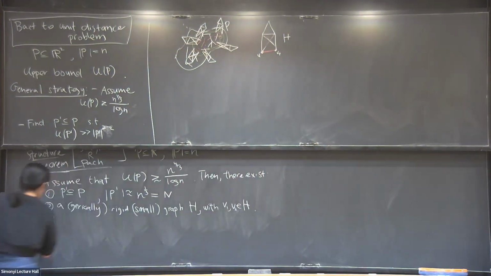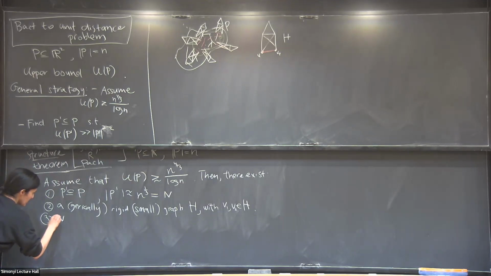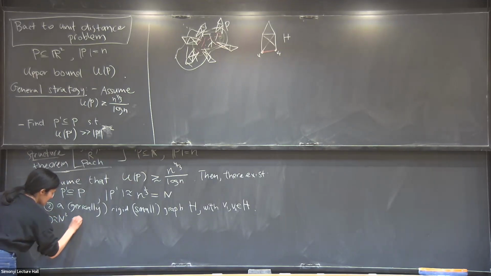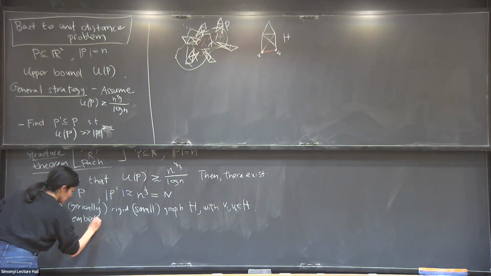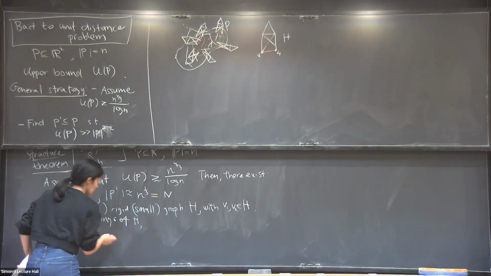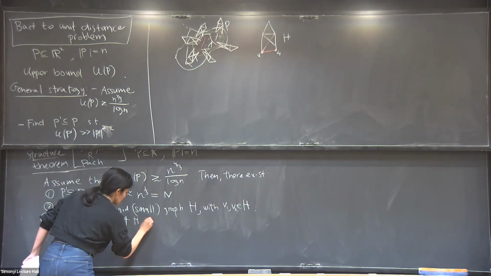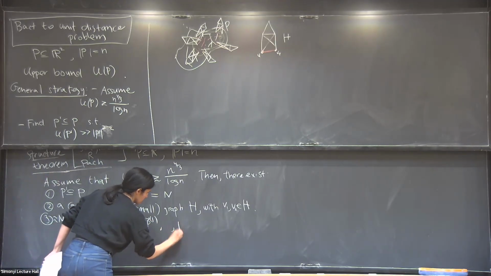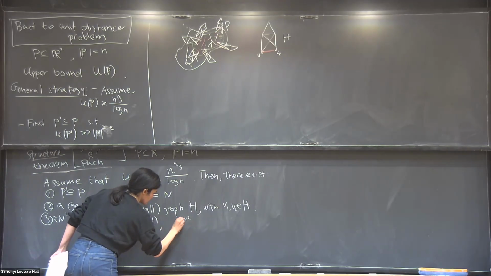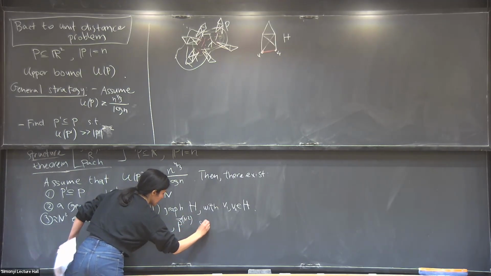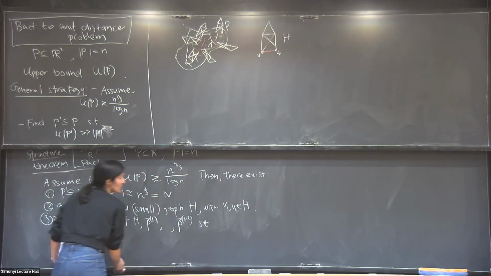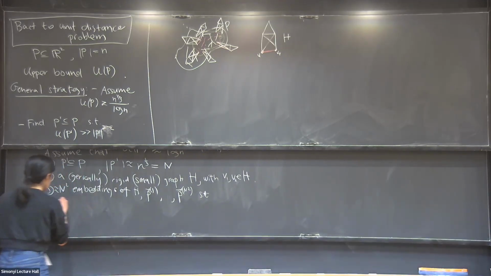You can find more or less n squared embeddings of H, such that they all induce the same edge length.